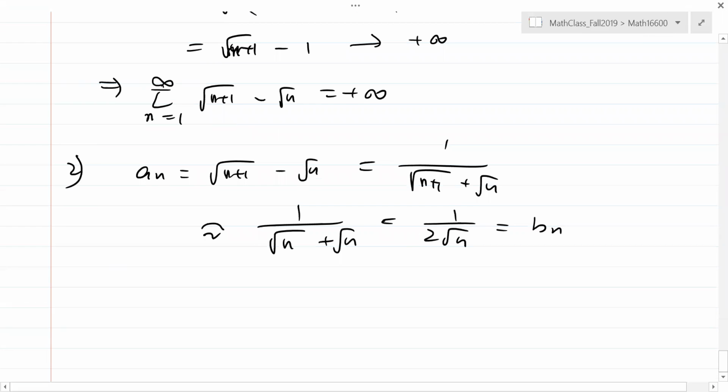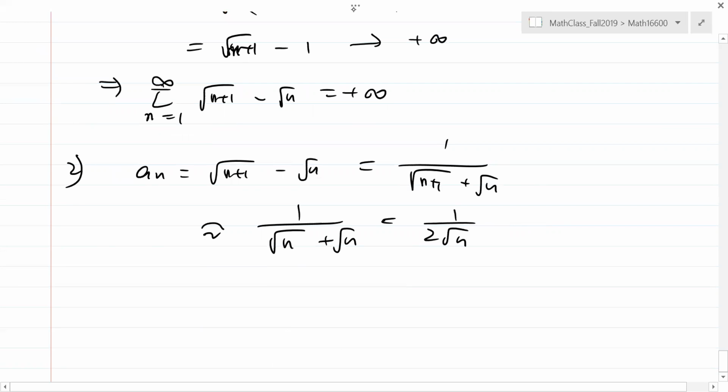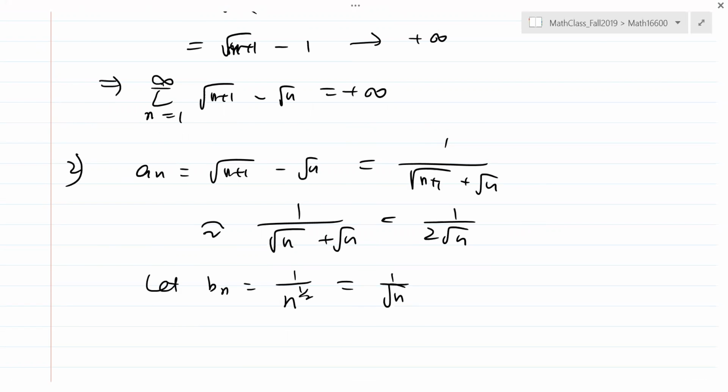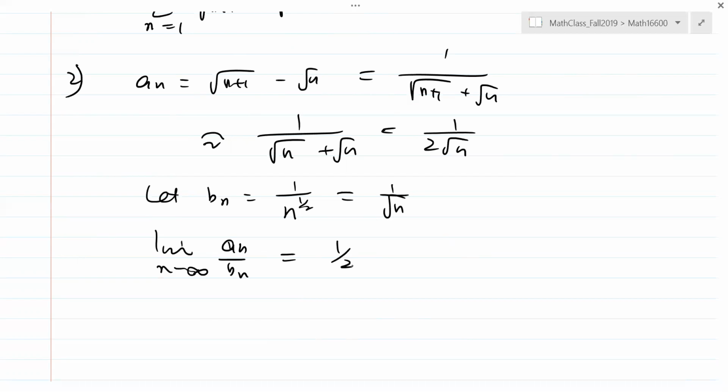You can let b_n be, if you don't like the constant, just 1 over square root of n, which is n to the power of negative 1/2. That's fine, because you want to use a p-series. This time the limit is not going to be 1. The limit as n approaches infinity is going to be 1/2. So 1/2 is fine. It's a number between 0 and positive infinity.